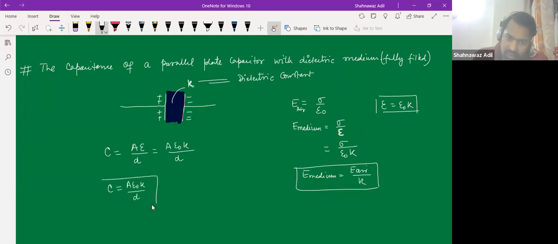Is this thing clear? Yes, sir. Okay, so this is the capacitance.